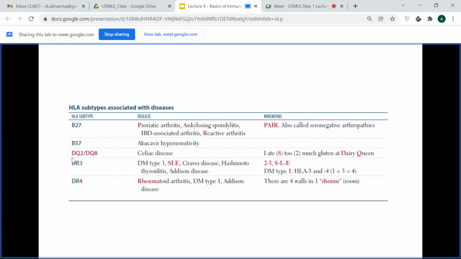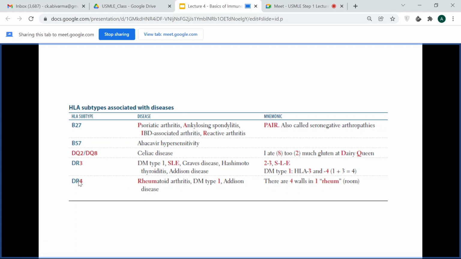It probably didn't develop as a mutation, but it just predisposes you to these conditions. Having this HLA subtype, which is the type of MHC molecule, doesn't mean you will get the disease, but given the right environmental factors, you can probably develop these diseases according to the subtype.